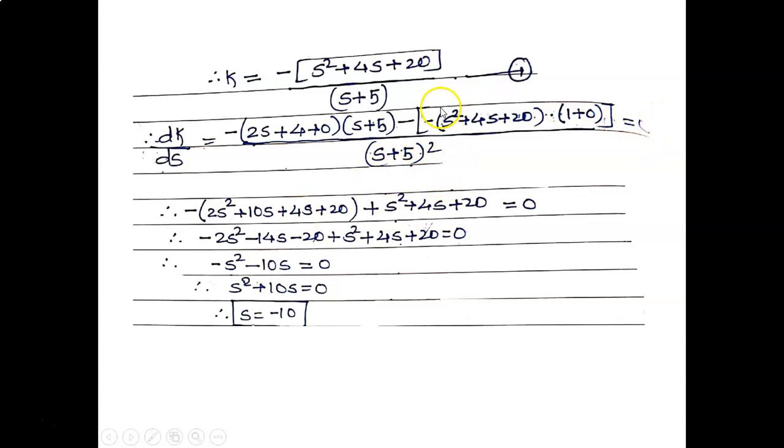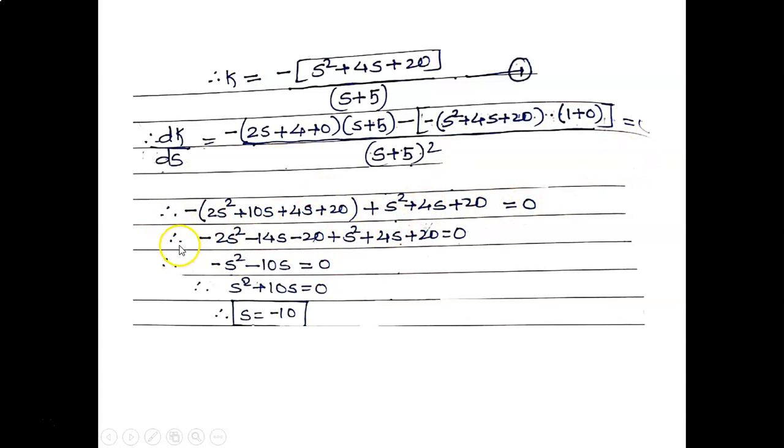Equate it to 0, so that the (s plus 5) square goes to the other side and it becomes 0. Therefore, minus of [2s square plus 10s plus 4s plus 20 bracket complete minus (s square plus 4s plus 20)] is equal to 0.